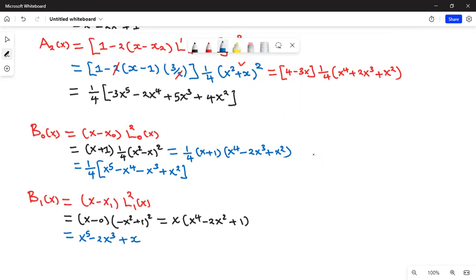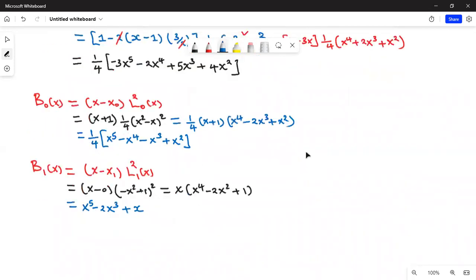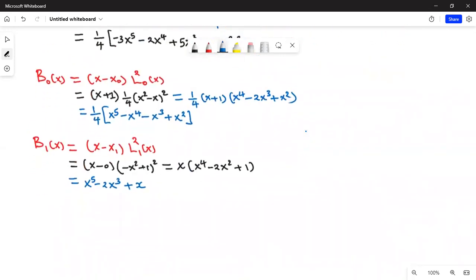And finally, let's compute b2 of x. Again, from the definition, b2 of x is equal to x minus x2 times L2 of x. This is supposed to be squared.